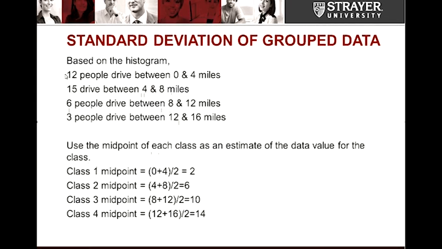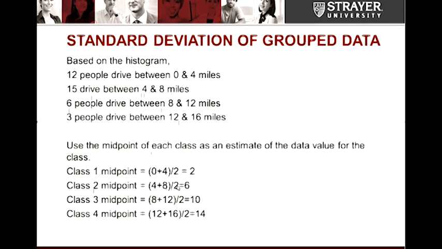So the class 1 midpoint, you simply add the first and second part of it, the beginning and ending endpoints. So 0 plus 4 over 2. 0 plus 4 is 4, divided by 2 is 2.